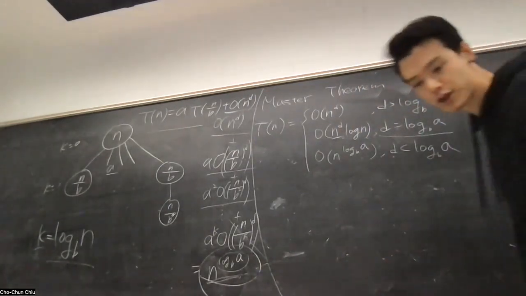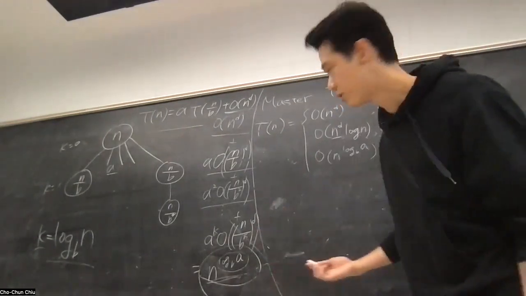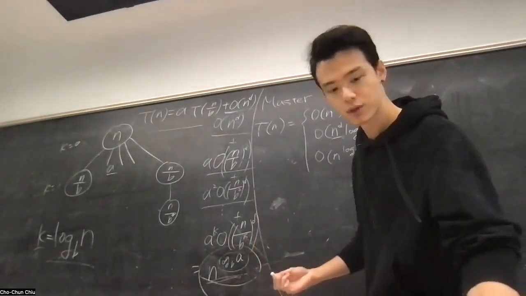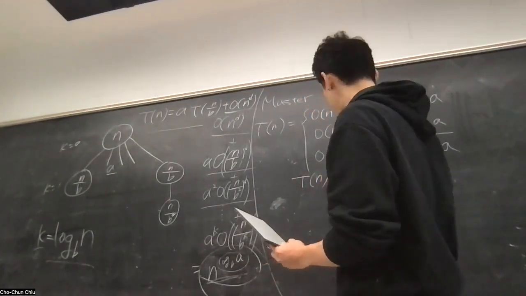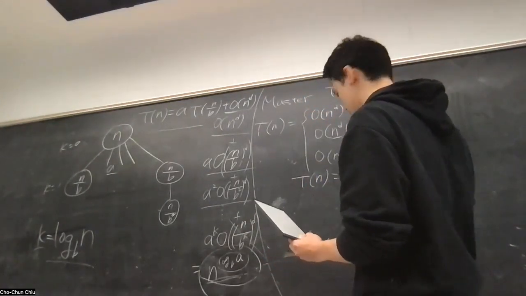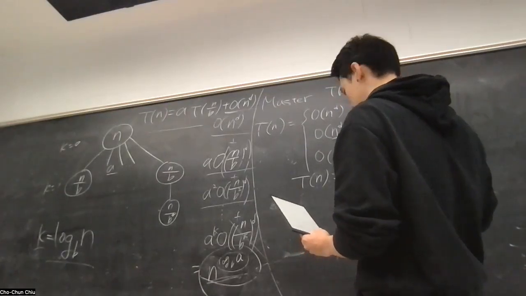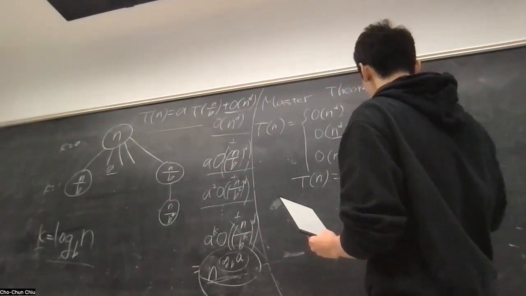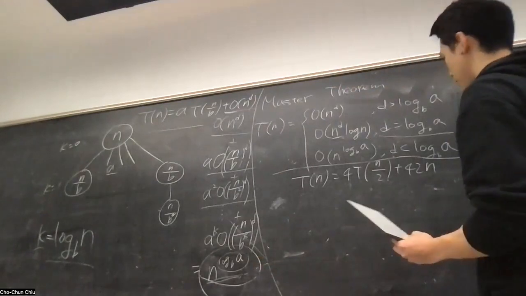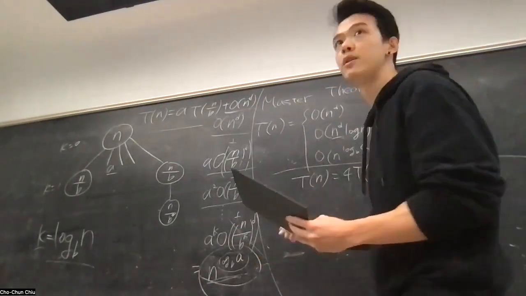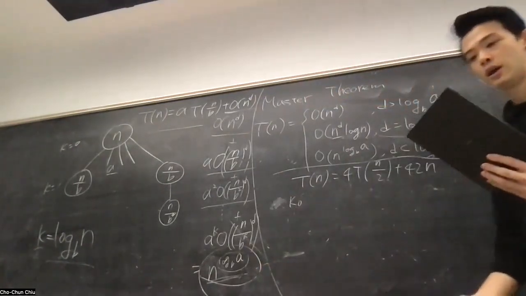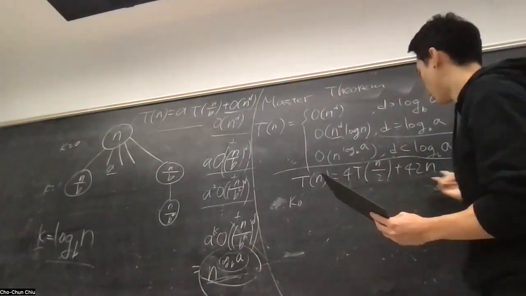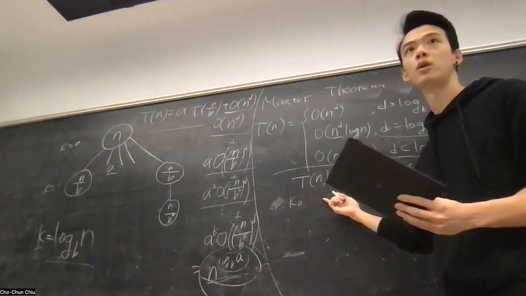Okay, let's take a look at the example. So for example, the first example is going to be like this, right? So what happened in the first layer? Or like the root? If we want to solve this problem, what's the size of work we are going to have?